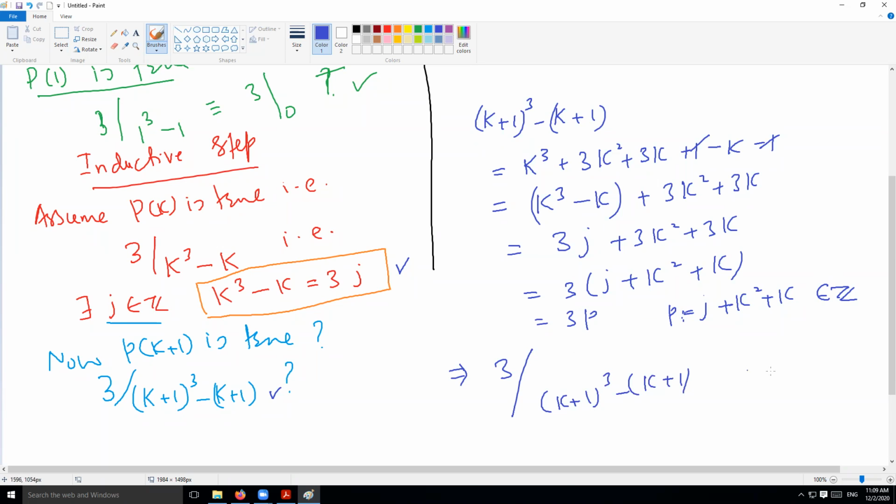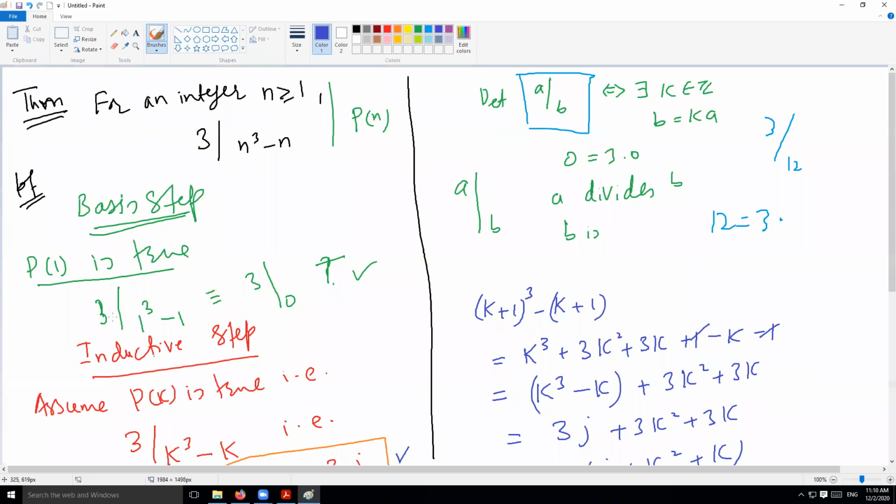So that's the proof of this fact. We proved it through induction that no matter what n you take, 3 always divides n cube minus n.